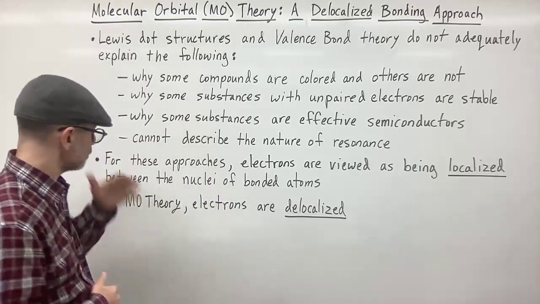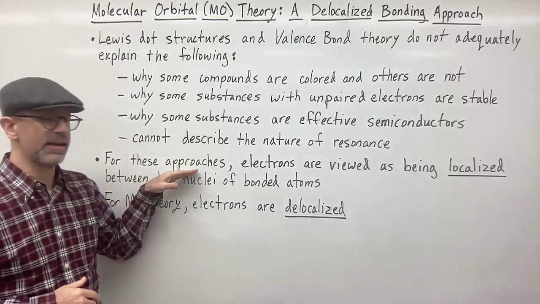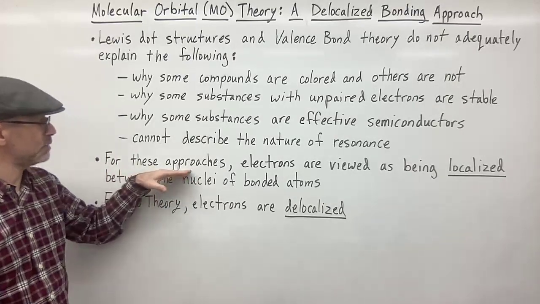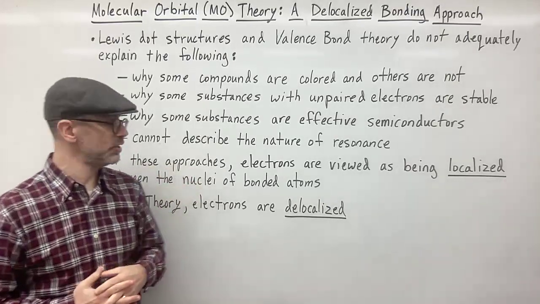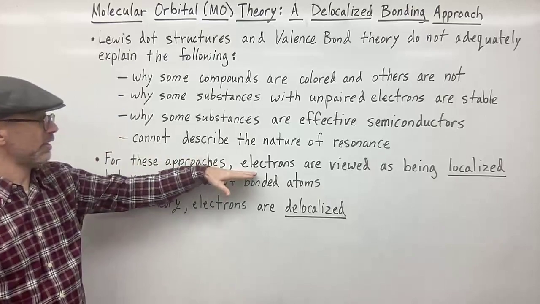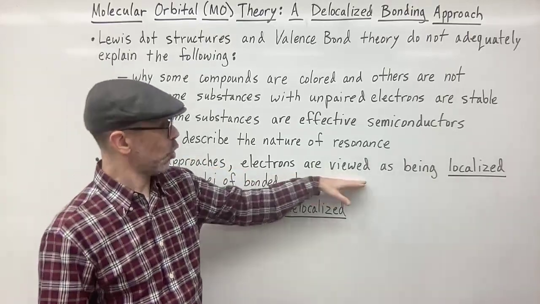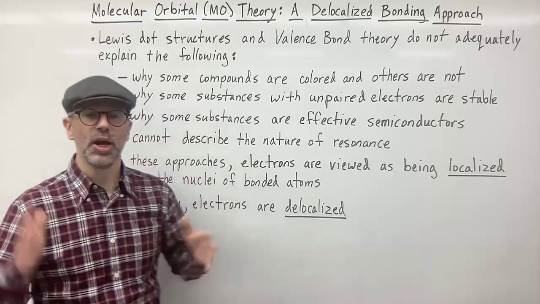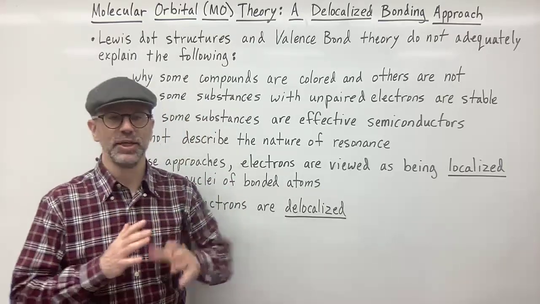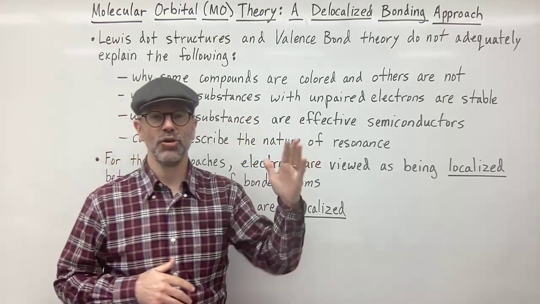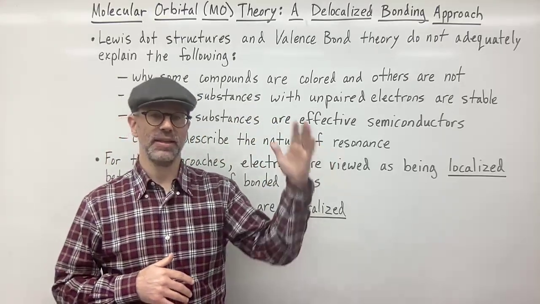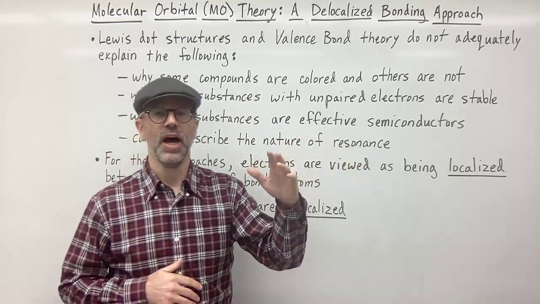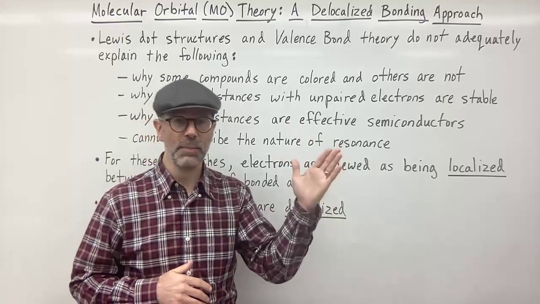So for these approaches like valence bond theory, or when we draw our Lewis dot structures, we're assuming that the electrons are localized. What does that mean? That means that when we pair up the electrons, as we saw with valence bond theory, you have an unpaired electron on this atom in this orbital, whether it's an unhybridized orbital or a hybridized orbital.